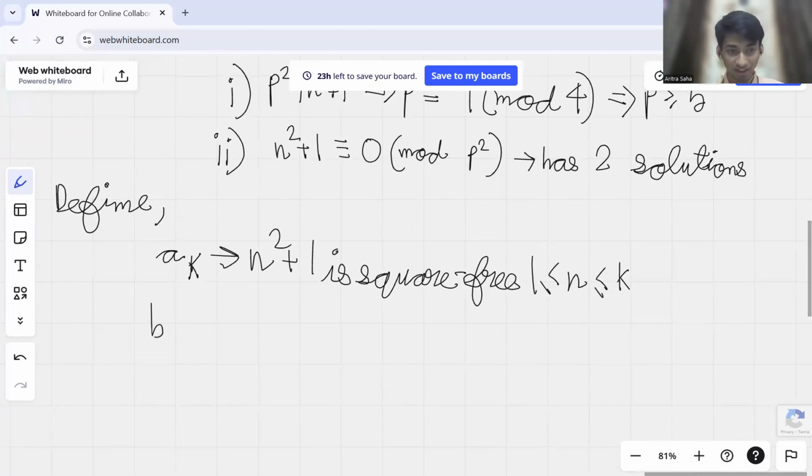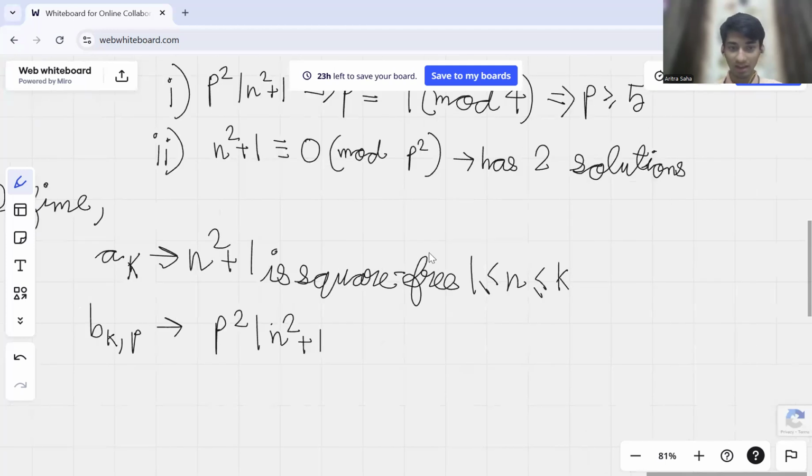Another function we define is B(k, p). This function counts the n between 1 and k such that p squared divides n squared plus 1.